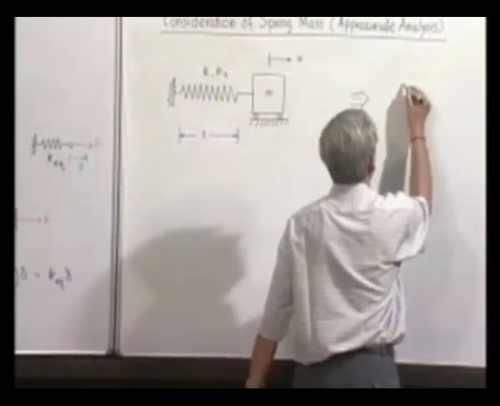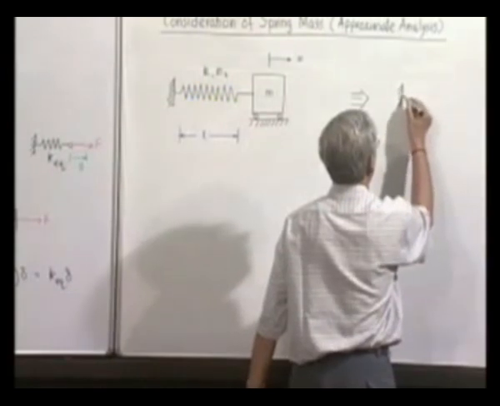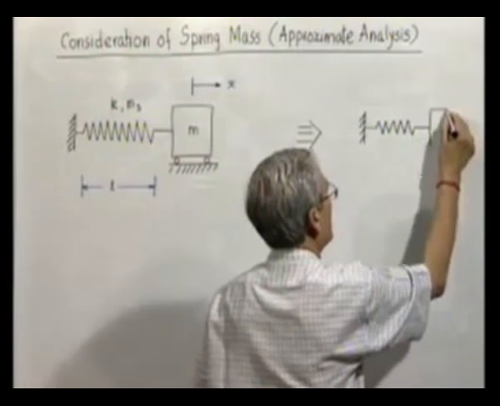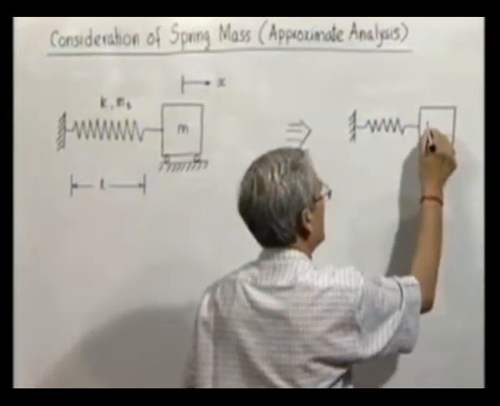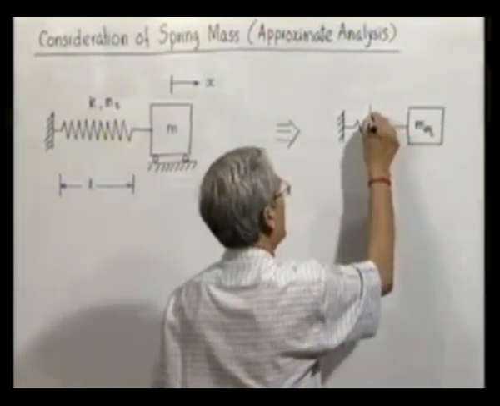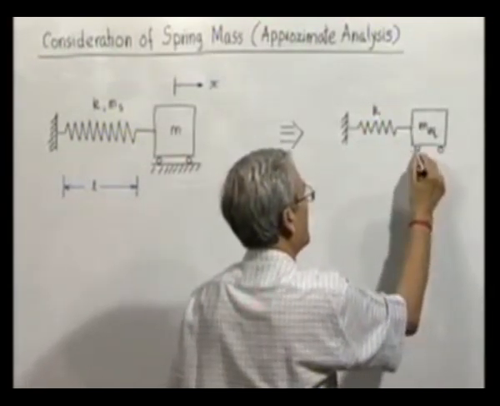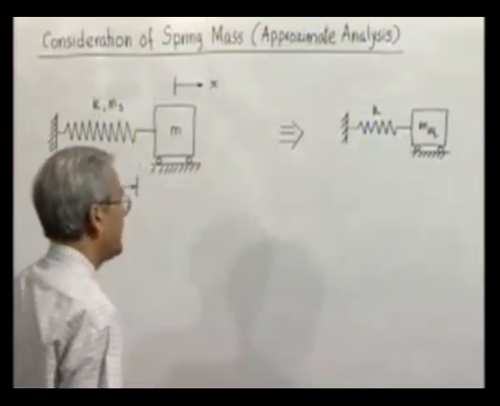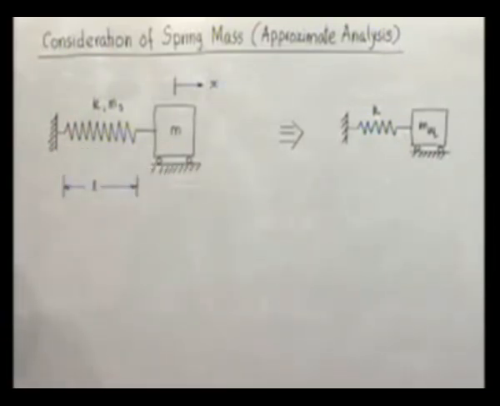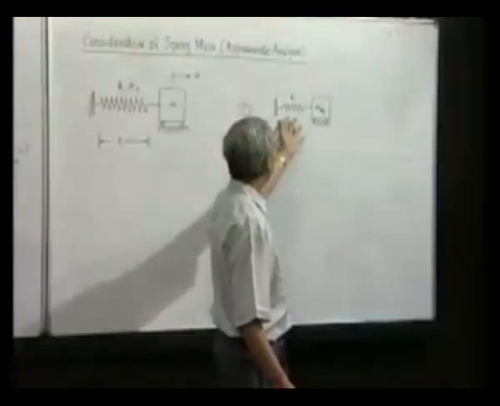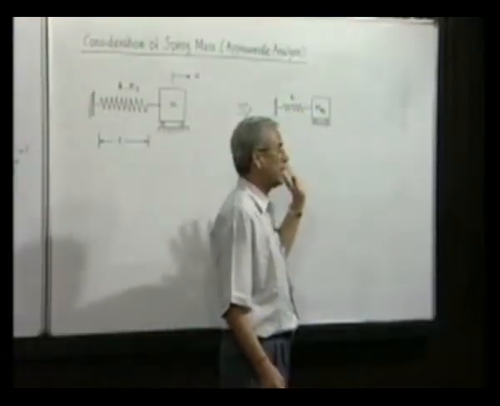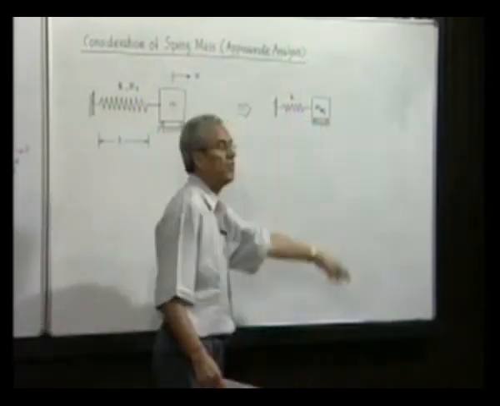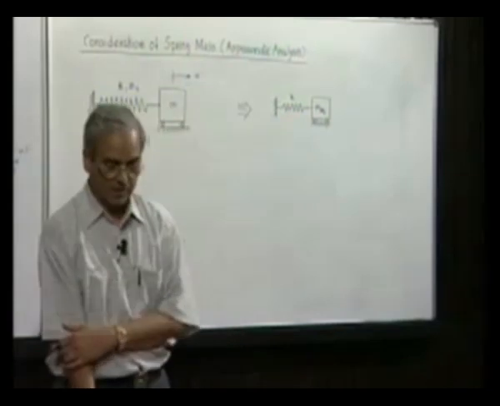we will have to have a lump parameter system. We will solve that system where this spring has been replaced by another spring whose stiffness is the same k, but which is massless, and the effect of the spring mass has been taken care of by the equivalent inertia.